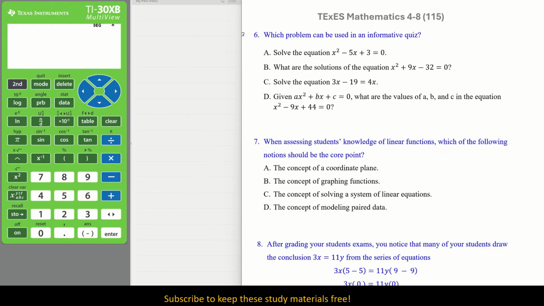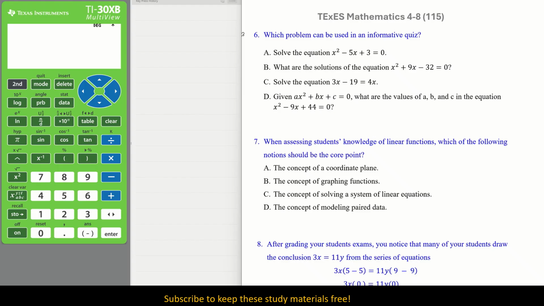Number 6. Which problem can be used in an informative quiz? Let's look at each of the options. A. Solve the equation x squared minus 5x plus 3 equals 0. We're looking at something just to inform.